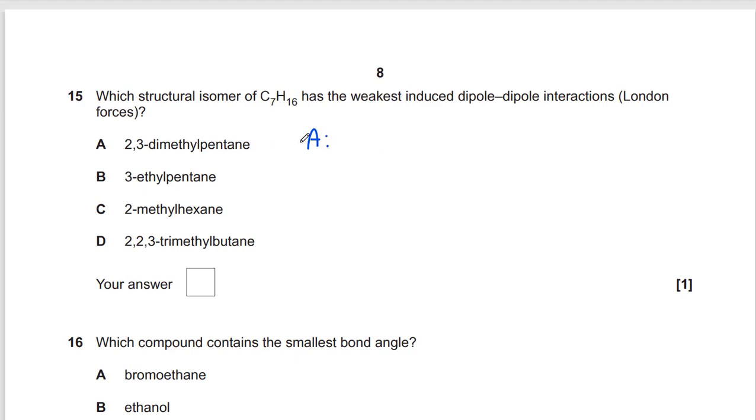So, 2,3-dimethylpentane. So 1, 2, 3, 4, 5, and it's 2,3-dimethylpentane. B is 3-ethylpentane. So 1, 2, 3, 4, 5, with an ethyl group attached. That's the wrong position because I can't count. Yeah, if it helps put it at the 3 position, put that there you go.